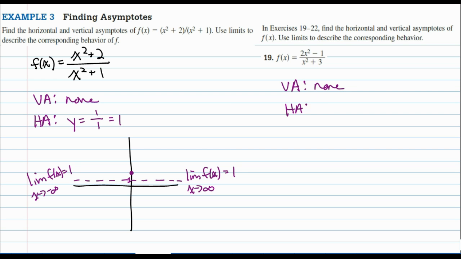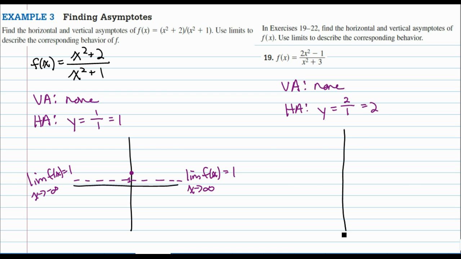Horizontal asymptotes, however. The degree in the numerator is 2. The degree in the denominator is also 2. Since those degrees are the same, the horizontal asymptote is y equals the leading coefficient of the numerator divided by the leading coefficient of the denominator, so that would be y equals 2.